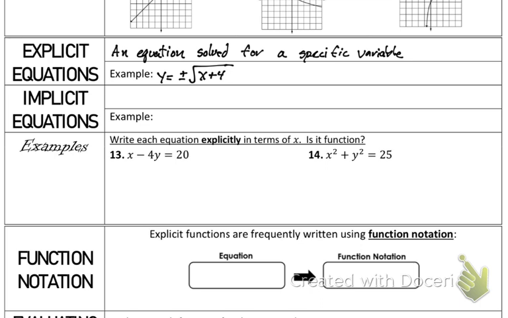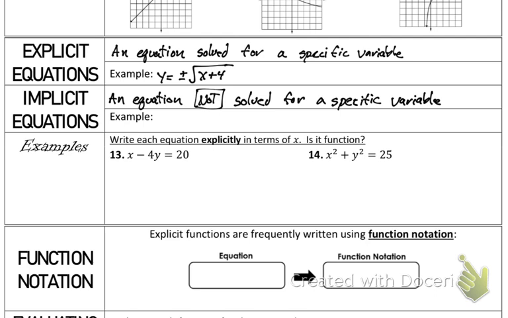That's not solved for a specific variable. So an implicit one is going to be an equation not solved for a specific variable.